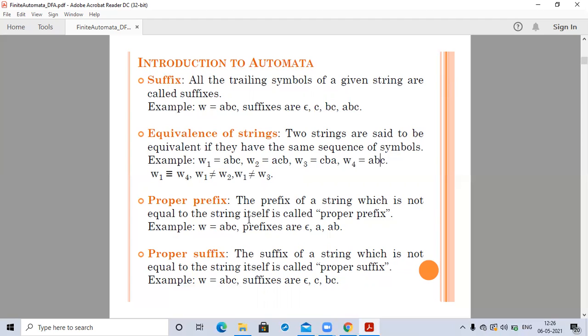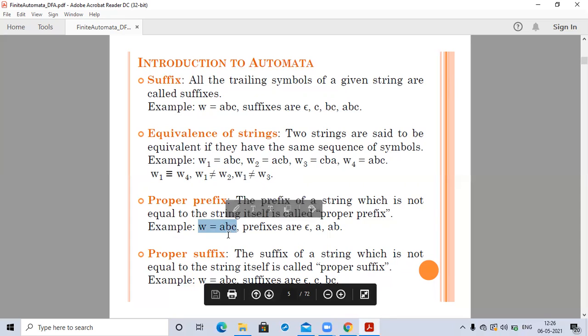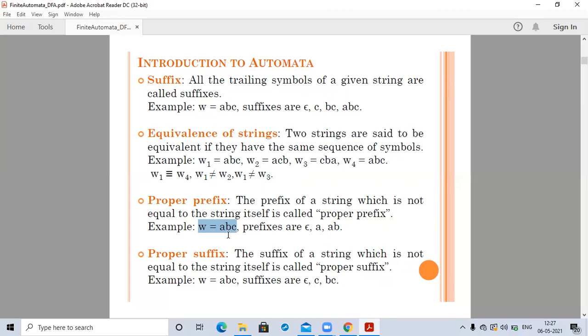If you consider the string ABC, the prefixes are epsilon, A, AB, and ABC. If you do not consider ABC and consider the remaining prefixes, epsilon, A, and AB, then those are the proper prefixes. So the proper prefixes do not include the string itself.